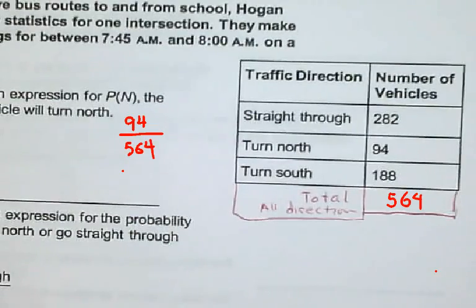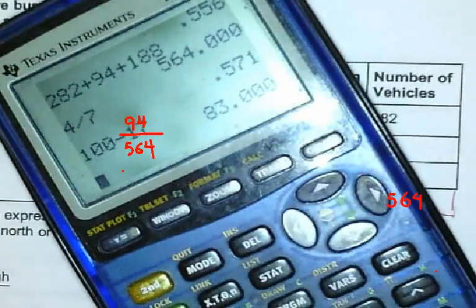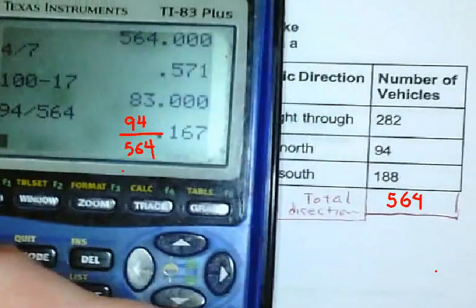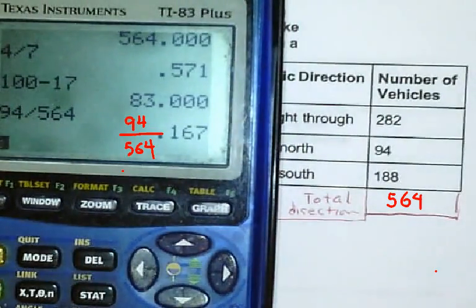So here, a decimal or a fraction would really help. So 94 divided by 564 turns out to be 16.7%. You see that?